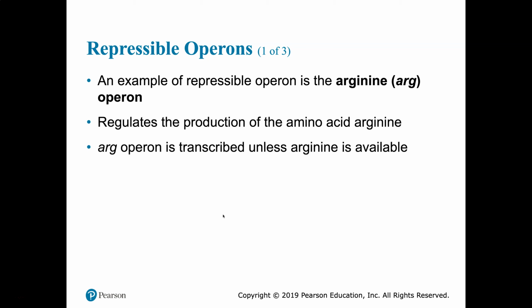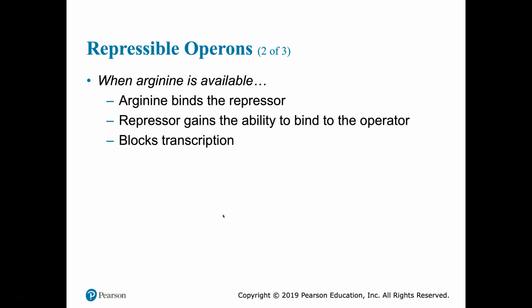And then after that, they will turn the arginine operon back on after they've used up almost all of the arginine available to them. So that is a repressible operon. I will talk more about it when I start drawing stuff for you.